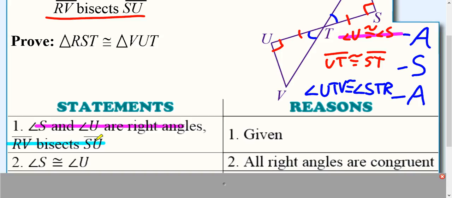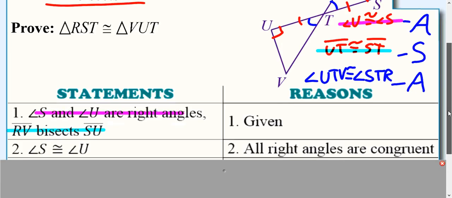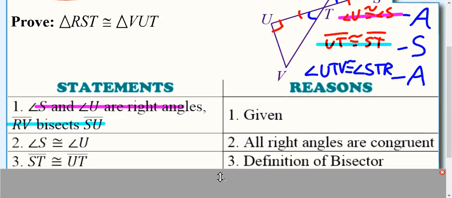And then since RV bisects SU, that told us that those two sides were congruent. That's the definition of bisect. So we took care of each of these things in the order that we wrote them.